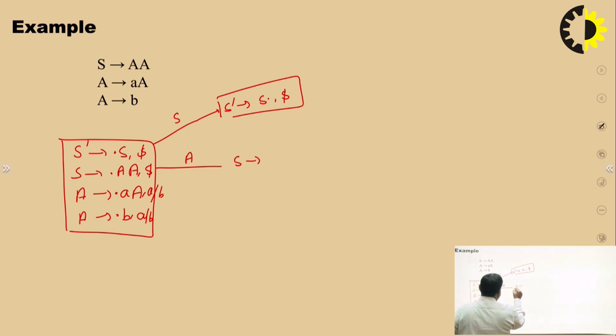Now, S tends to A dot A and look ahead symbol is dollar. And with the help of this, we write the production rule of A dash to dot A and A tends to dot B.